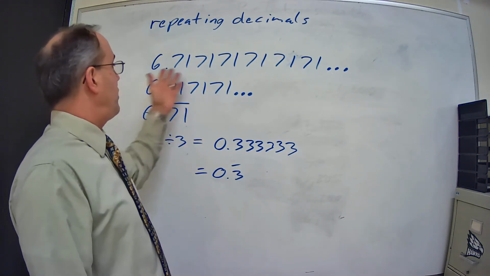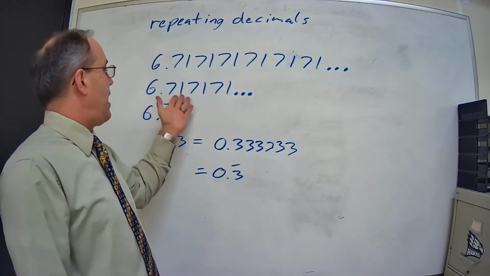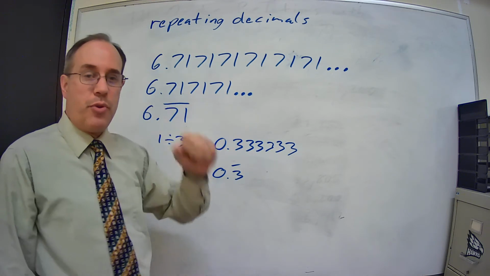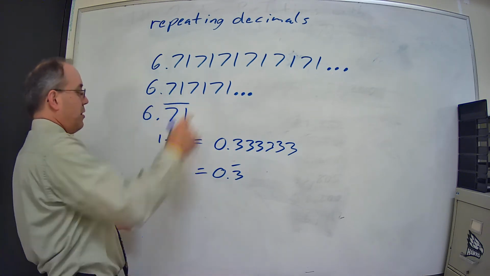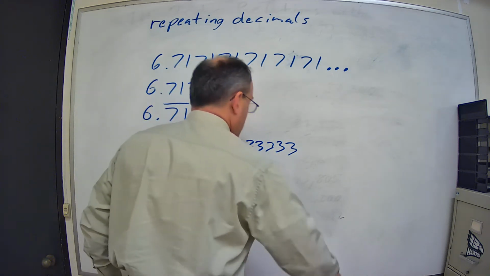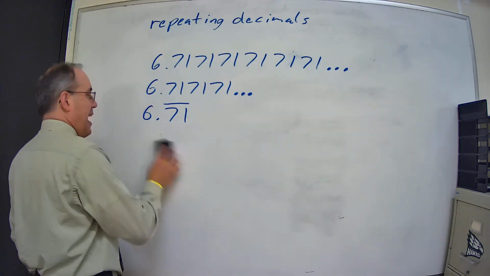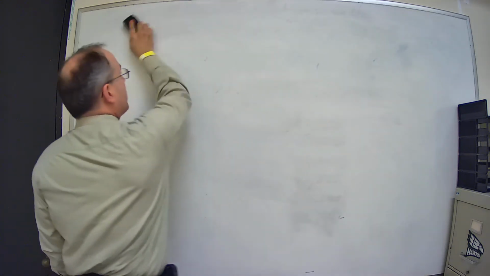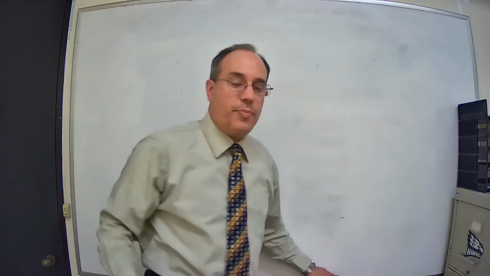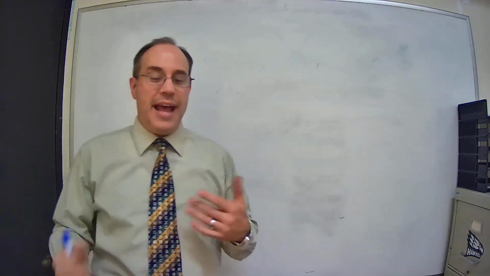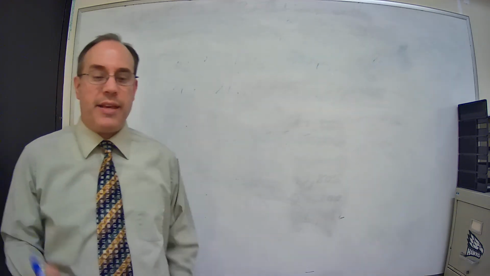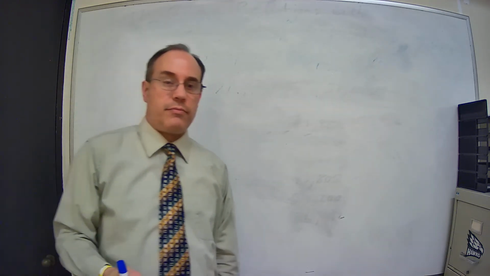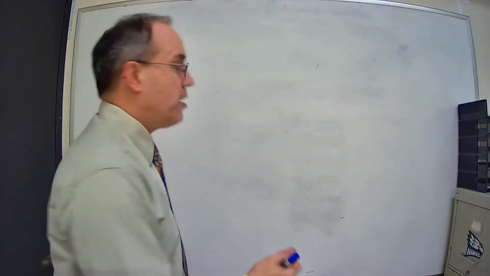Repeating decimals, you can either do it by having it repeat a few times and then put the ellipsis, or you can put the line over it. And you should look to see how your calculator presents something that's a repeating decimal, because it actually varies by the calculator how it's going to present it.